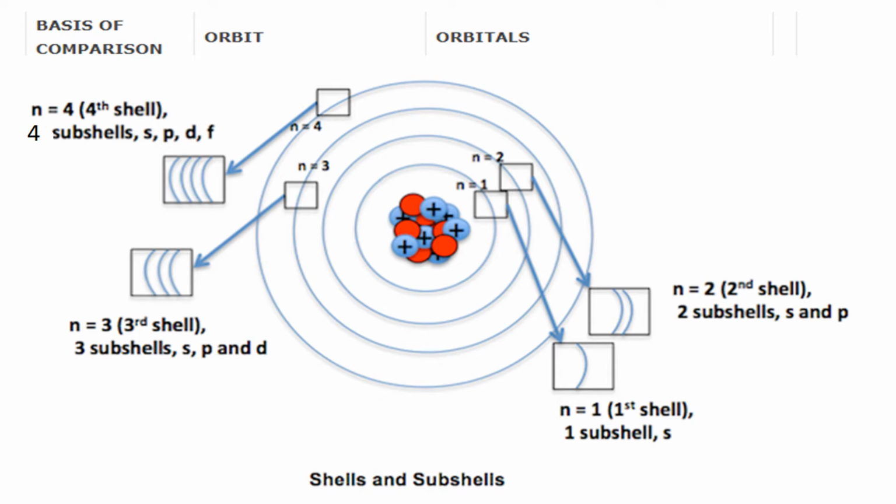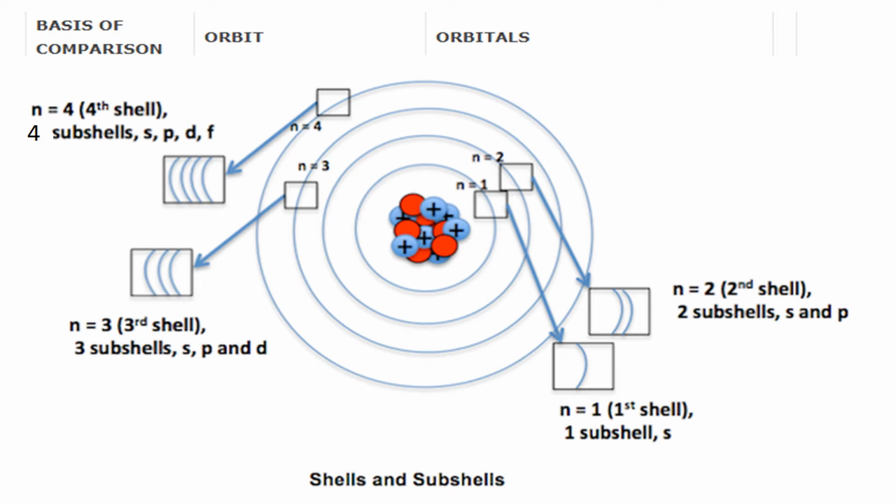The subshells into which electrons are distributed are based on the azimuthal quantum number. It is denoted by the small letter l. The azimuthal quantum number depends on the value of the principal quantum number. When n has a value of 4, four different subshells are possible.